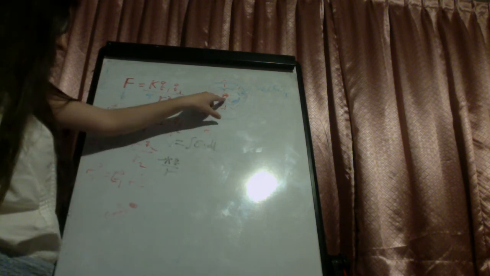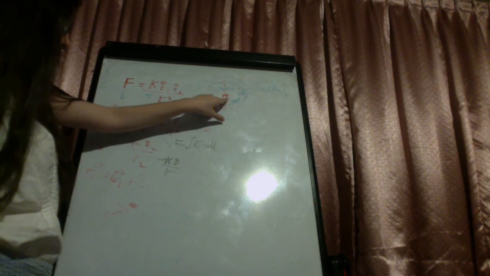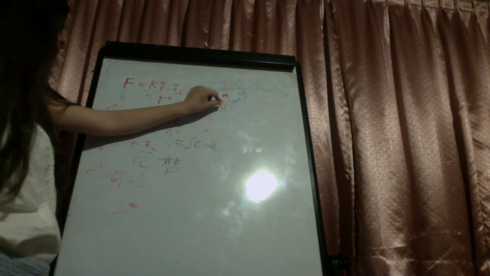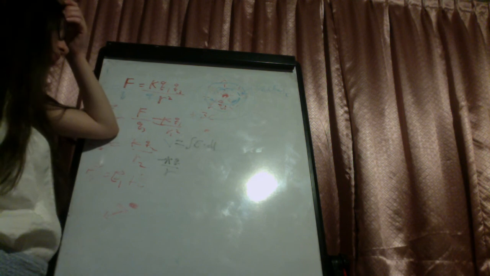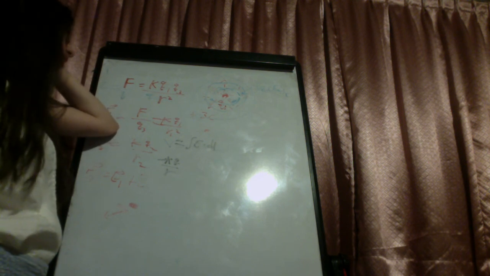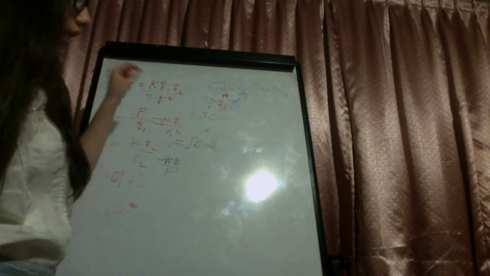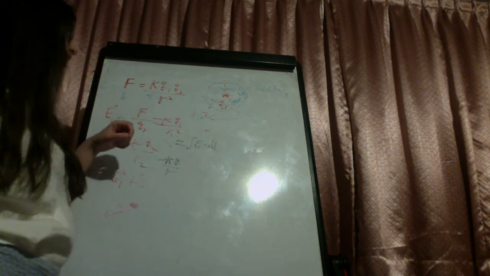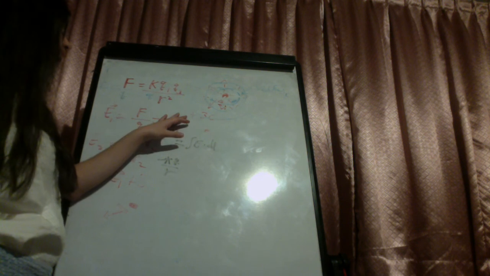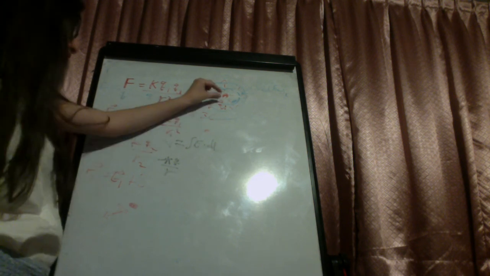So if the distance is small, now I'm talking about the electric field, not the voltage. The voltage changes inversely with r, and the electric field changes inversely with the square of the distance. So if the distance is small, then I have a higher electric field.